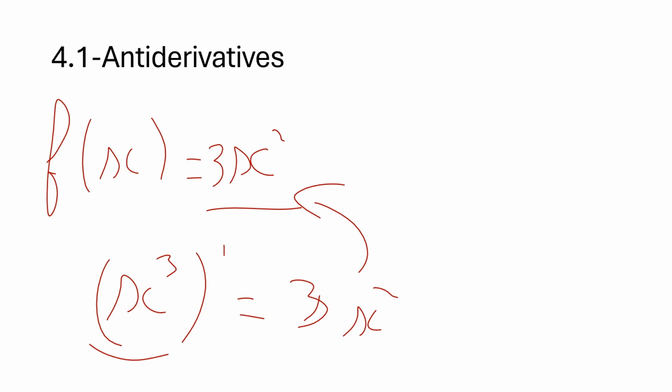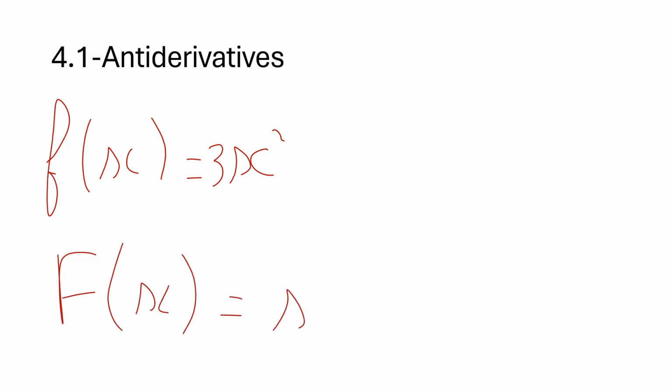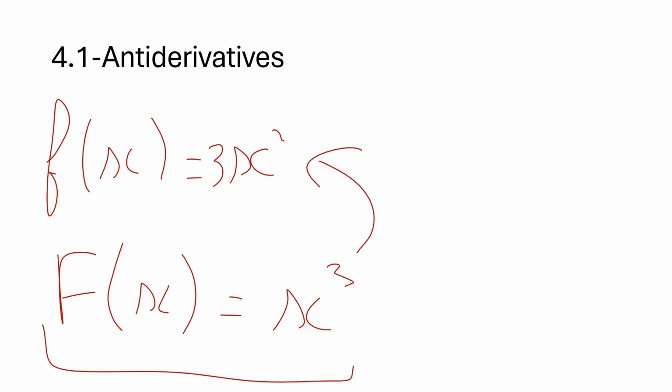We may call it a big F of x, which is x cubed. This is the antiderivative of 3x squared.